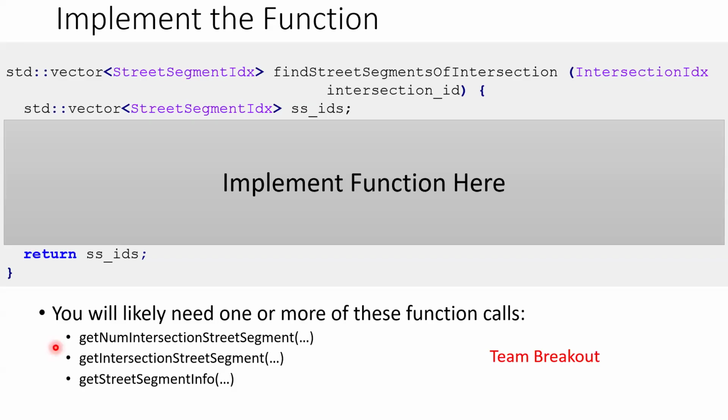So let's try implementing the function find street segments of intersection. You can open up a text editor or anything and try implementing the function here. This function takes in the intersection index, and it wants to find all of the street segment IDs connected to the intersection and put that into this return vector.